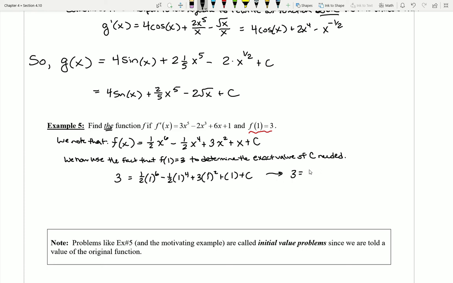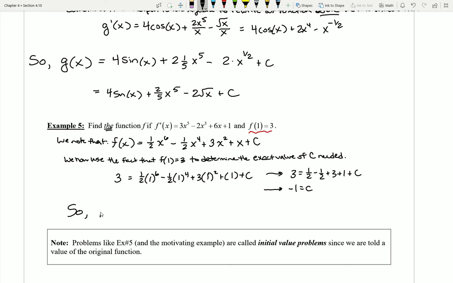On the right side, notice I'm going to have 1/2 minus a half plus a 3 plus 1 plus c. And so let's see, my halves are going to cancel. I could subtract 3 from both sides. And then if I subtracted 1 over to the other side, I would end up with c is equal to -1.